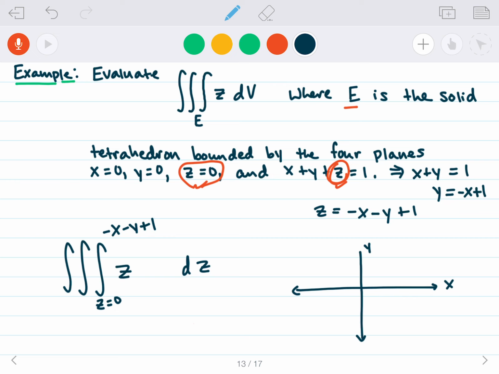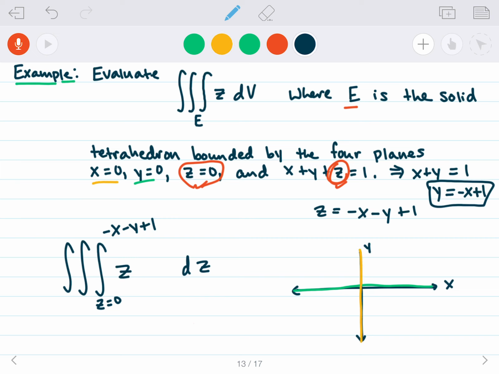So that's going to be my upper bound for y. So I start at y equals 0, which is this line right here. X equals 0 is this guy right here. So it's bounded by those.